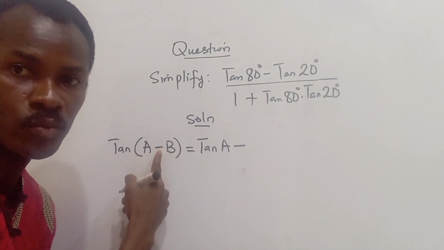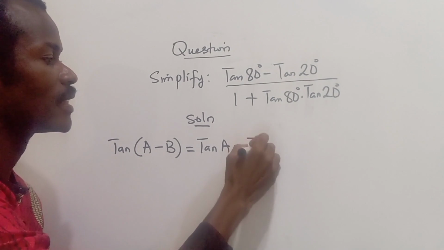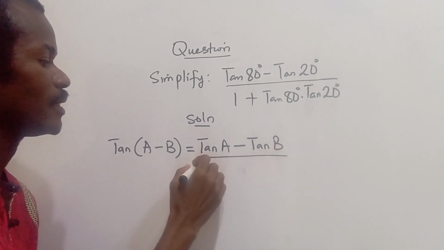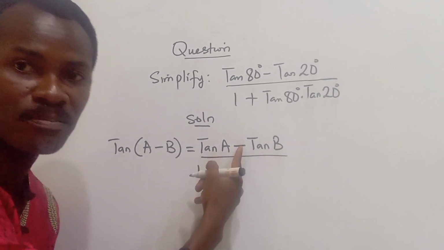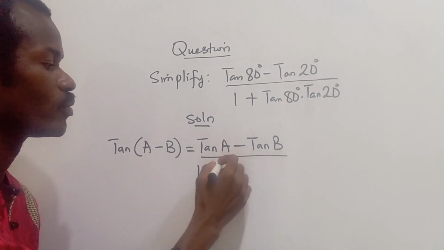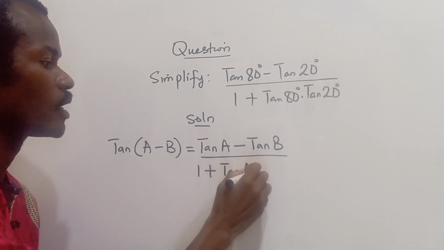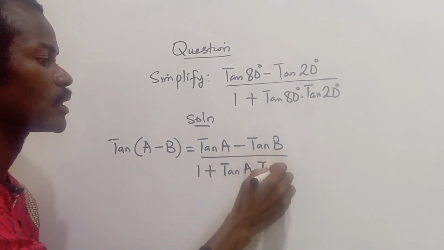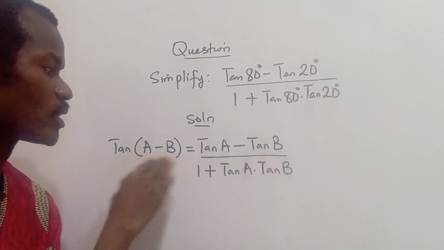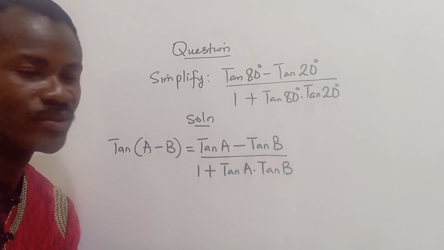If this was plus, we would have used plus. Divided by 1, and since the top is minus, this is going to be plus here, the product of tan A multiplied by tan B. So this is the difference of two angles formula.